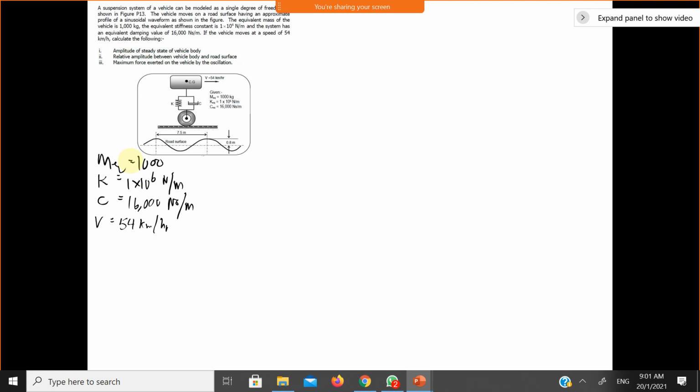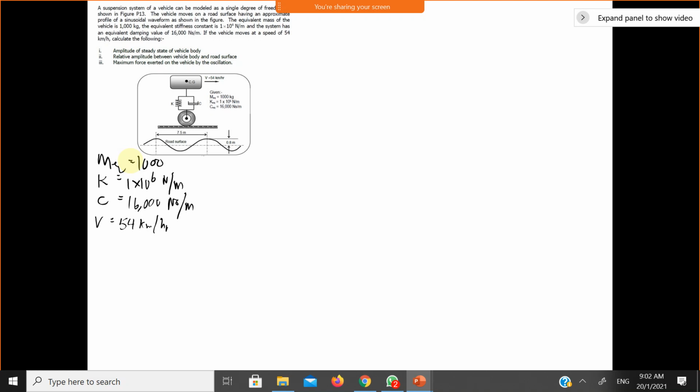Now we need to find omega F, isn't it? Because from omega F we can get the value of R. The question is how to find omega F. Any idea? What does 7.5 meter mean here?